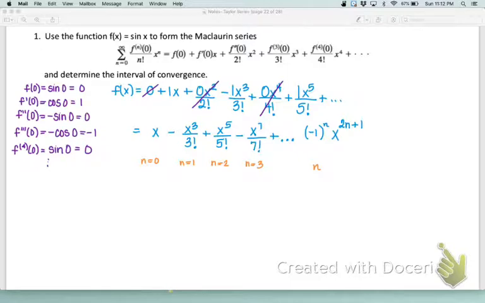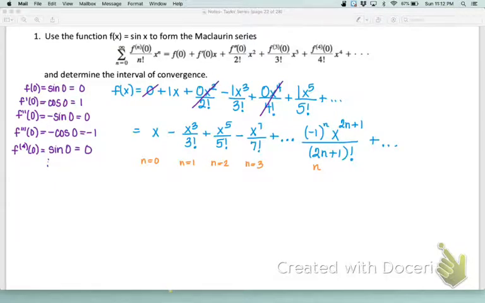If I do 2 times 0 plus 1, that means I get x to the first. That's good. If I do 2 times 1 plus 1, we get 3. 2 times 2 plus 1, we get 5, and so on. So that's good. And then I want those same numbers factorial in the denominator. So this is going to be 2n plus 1 factorial plus dot, dot, dot. So that is our Taylor series.